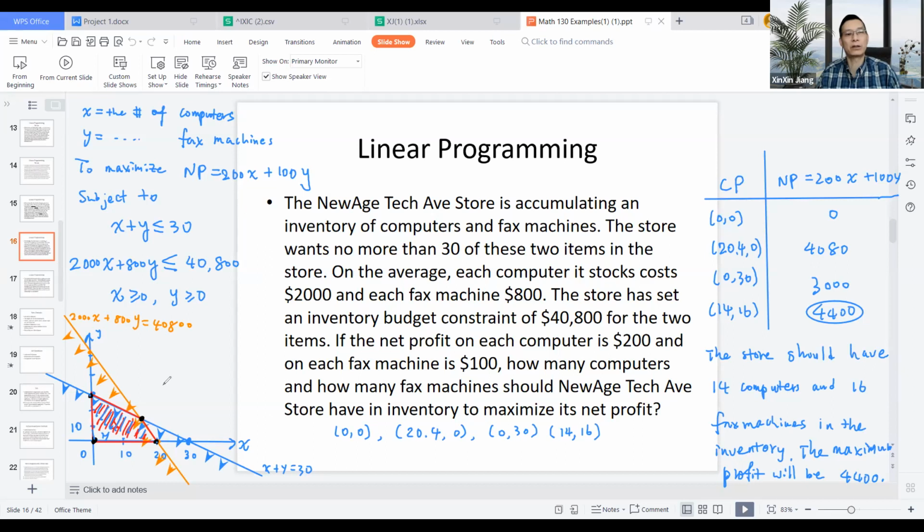And then you draw the feasible region and find the corner points and put these corner points into the objective function. If you want to maximize it, you find the biggest one. If you want to minimize it, you find the minimal one. And then you answer the question. Is the process clear?